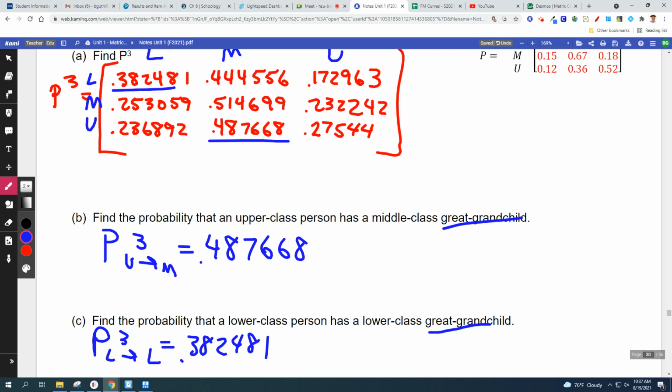And what that means is there's about a 38% chance. So you think about it this way: if you're a lower class individual and you have a kid and they have a kid and they have a kid, there's a 38% chance that your great-grandchild would also be a lower class individual. That's what that's saying, according to these numbers.